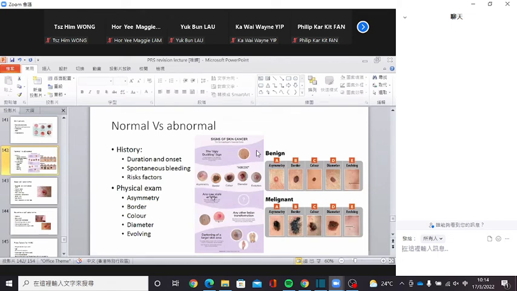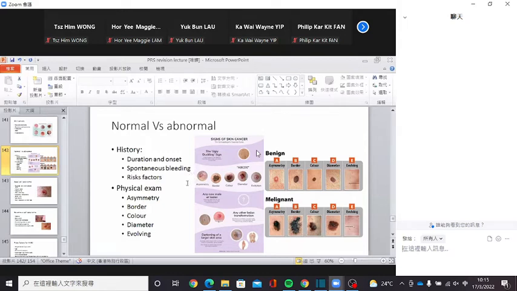So how do we tell from history and physical examination whether they are benign or abnormal? So in history taking, you start with the duration and onset of that lesion. If the onset is recent with a very rapidly enlarging lesion, then you might as well consider it to be malignant unless proven otherwise.